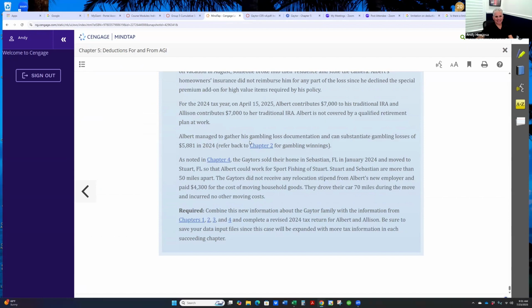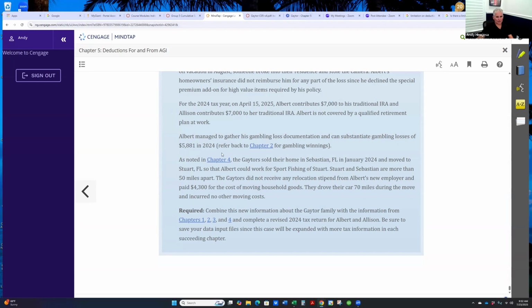Albert managed to gather his gambling loss documentation and can substantiate gambling losses of $5,881 in 2024. Now, gambling losses are deductible, but they are limited to gambling winnings. So before we put any dollar amount, we have to go and remember we entered it under income.